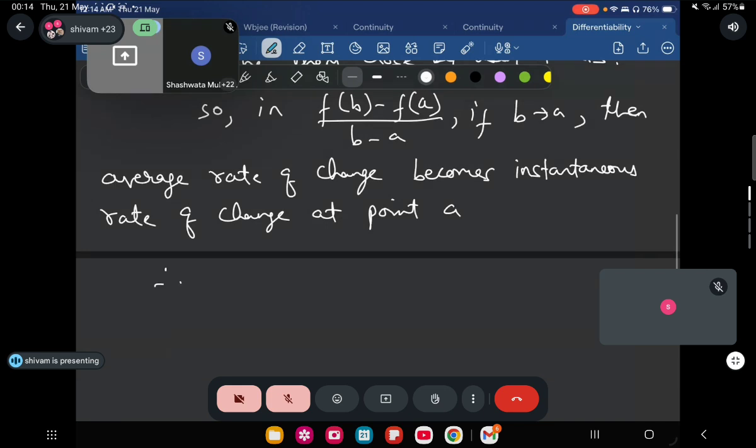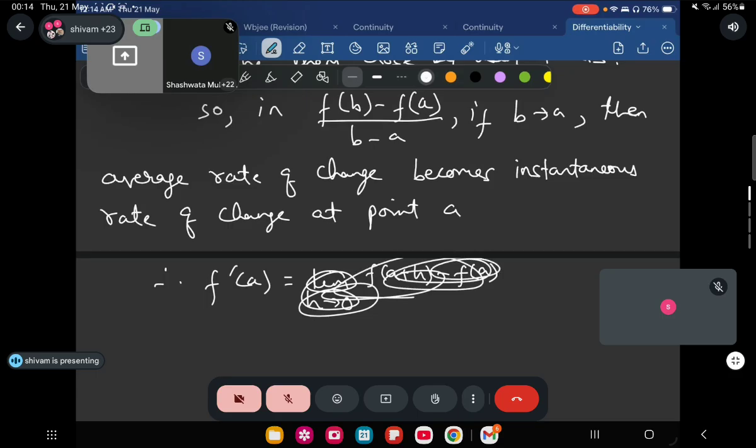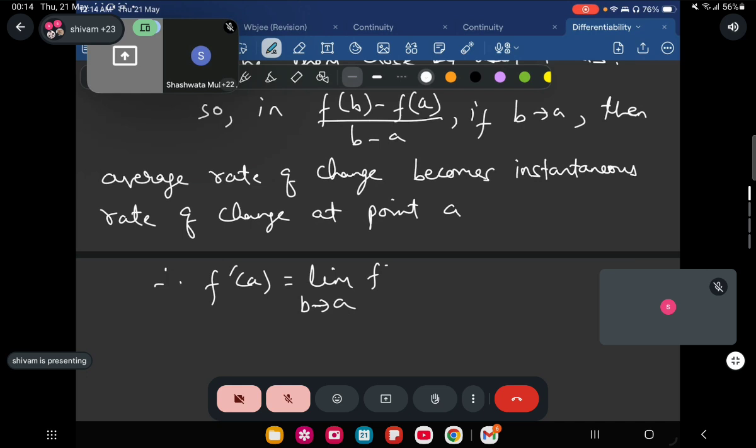So I can say, therefore, f dash A is equal to limit h tends to 0, f of A plus h minus f of A. Okay, wait, first of all, let me write it with b minus A. F dash A is equal to limit b minus A tends to 0, or you can say b tends to A, f of b minus f of A divided by b minus A. Are you people getting?